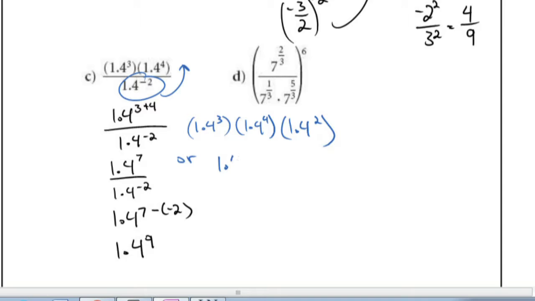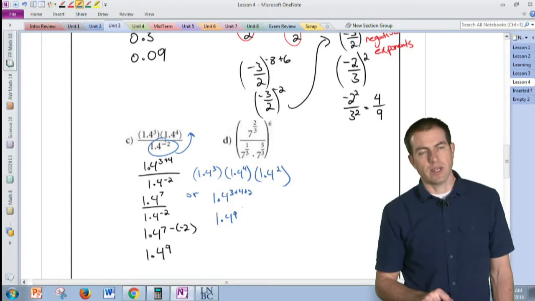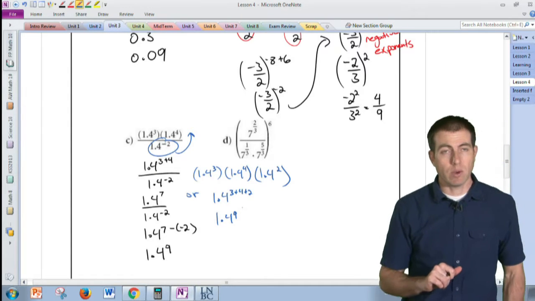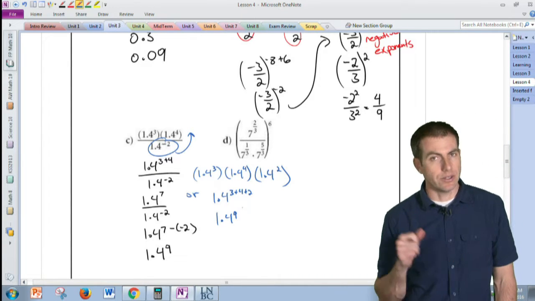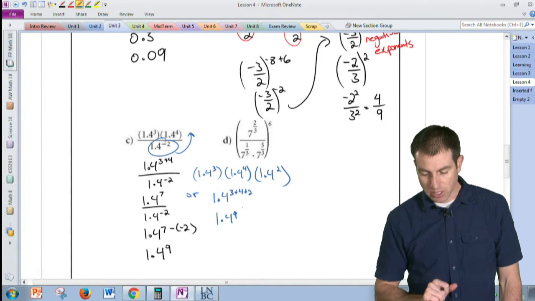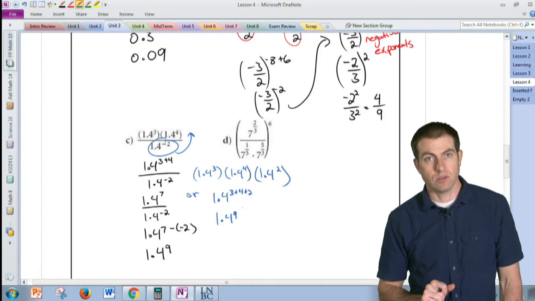And then 3 plus 4 plus 2 is 9, so 1.4 to the 9. That's another way to do the question. That would be fine as well. There's no right way to do it. You could do it in the black or you could do it in the blue. Whatever makes the most sense to you, just do it that way.